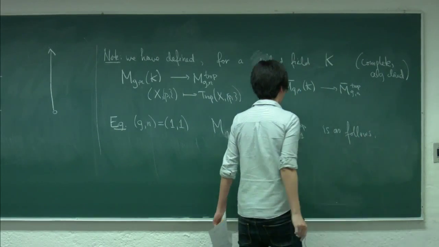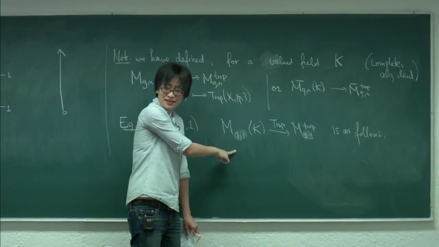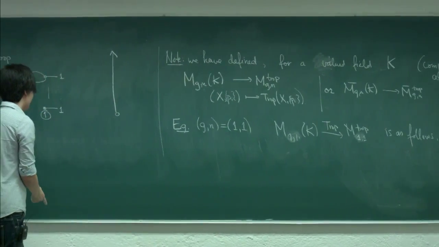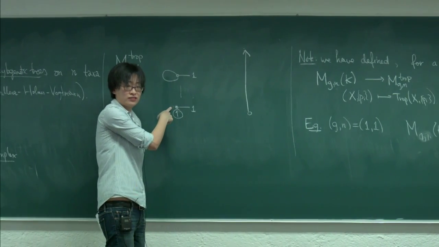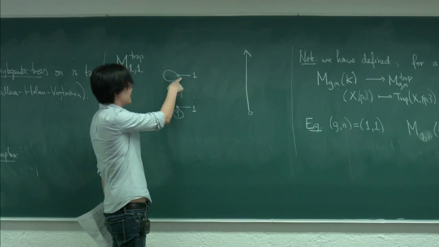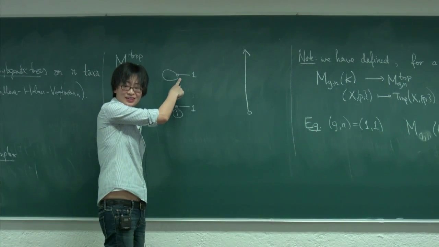You give me some elliptic curve over a valued field, and I have to tell you either that its tropicalization is this tropical curve right there, consisting of a single vertex, or that it's got a loop, and I have to tell you some length of the loop associated to it.